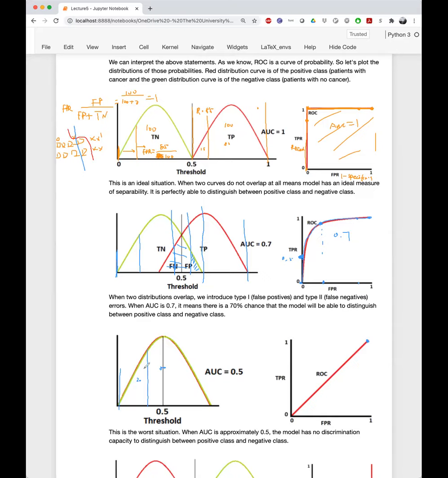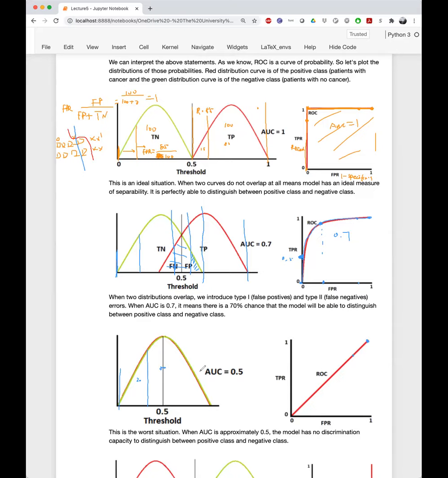If we use 80 for the positive cases we capture, it's also 80 for the falsely predicted cases, since the two curves are the same. So it's 80 over 100. That's also 80%. So it's 0.8, 0.8 in this case.